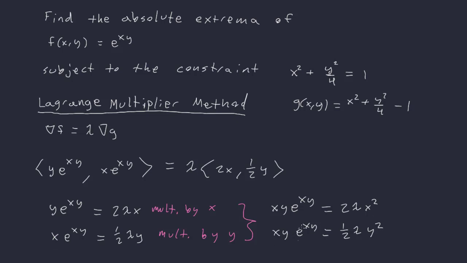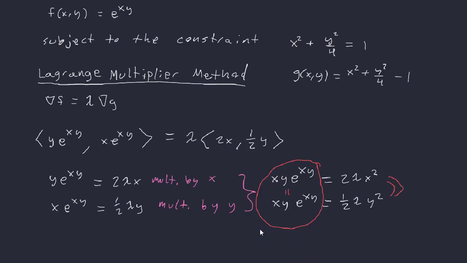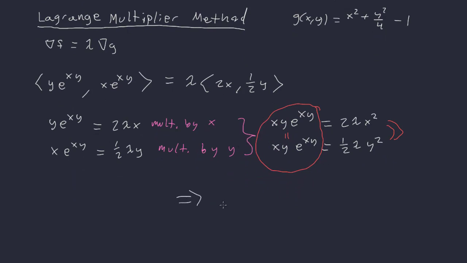So if I multiply these two, what that tells me is now these two guys are exactly the same. So I can actually get rid of that completely and say that these two are equal to one another. So this leads us down to this, that 2 lambda x squared is equal to 1/2 lambda y squared.